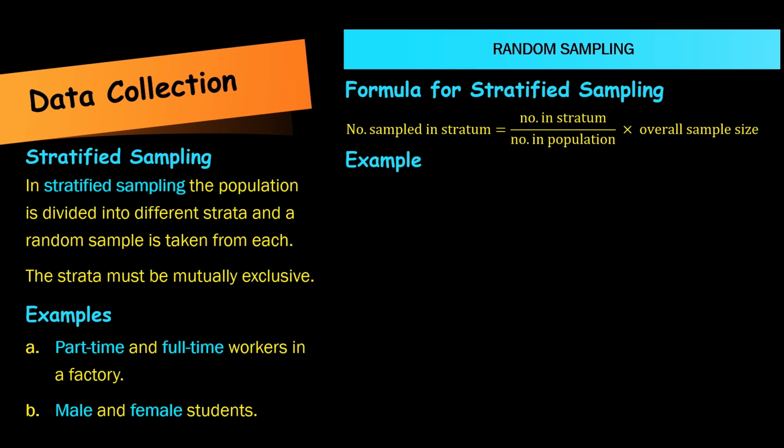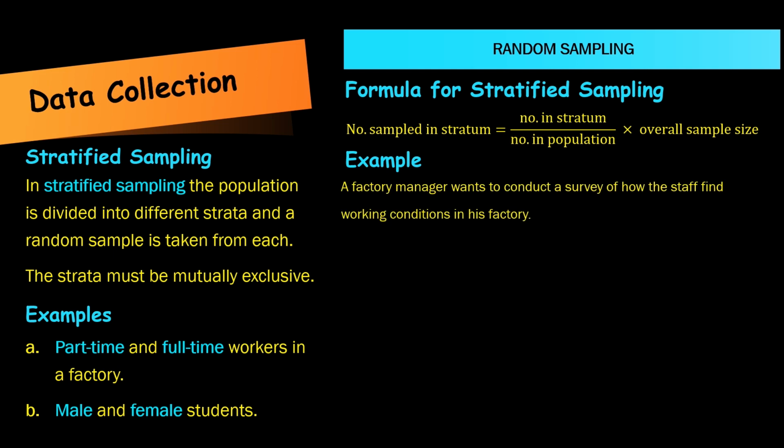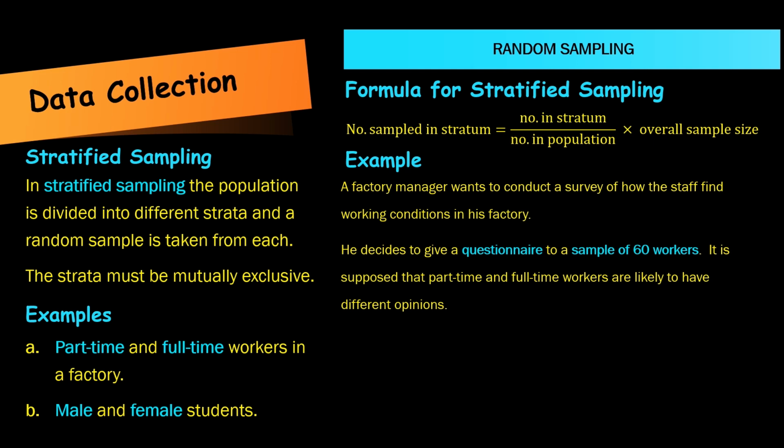Let's now take a look at an example. A factory manager wants to conduct a survey of how the staff find working conditions in his factory. He decides to give a questionnaire to a sample of 60 workers. It is supposed that part-time and full-time workers are likely to have different opinions.